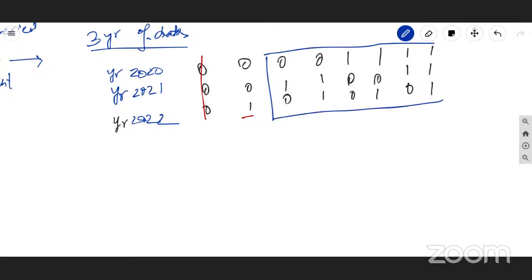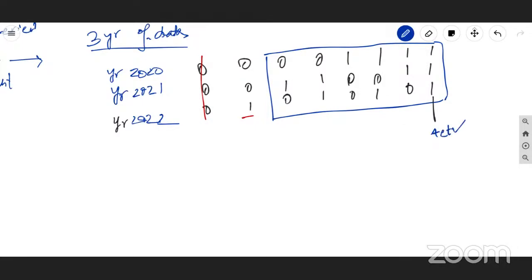Out of these 6 patterns, we need to determine who is active and who is dormant. So this clearly says that it's an active.